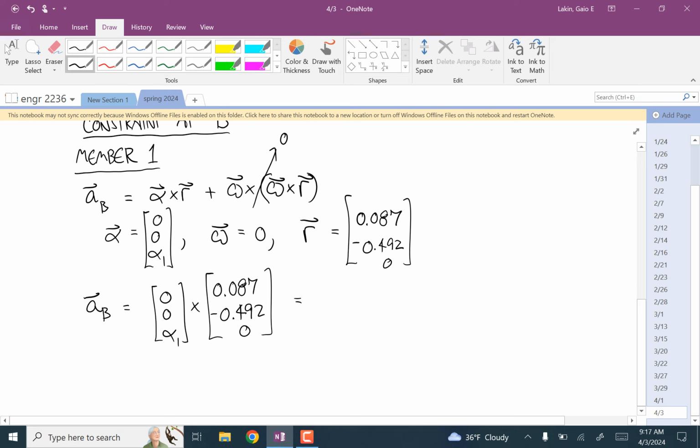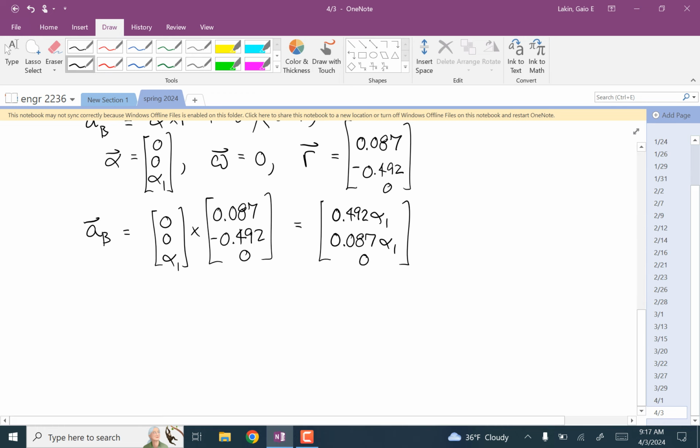And so you get 0.492 alpha 1 for the x component. And then for the y component, 0.087 alpha 1. And then 0 for z. Anybody have any questions about that one?